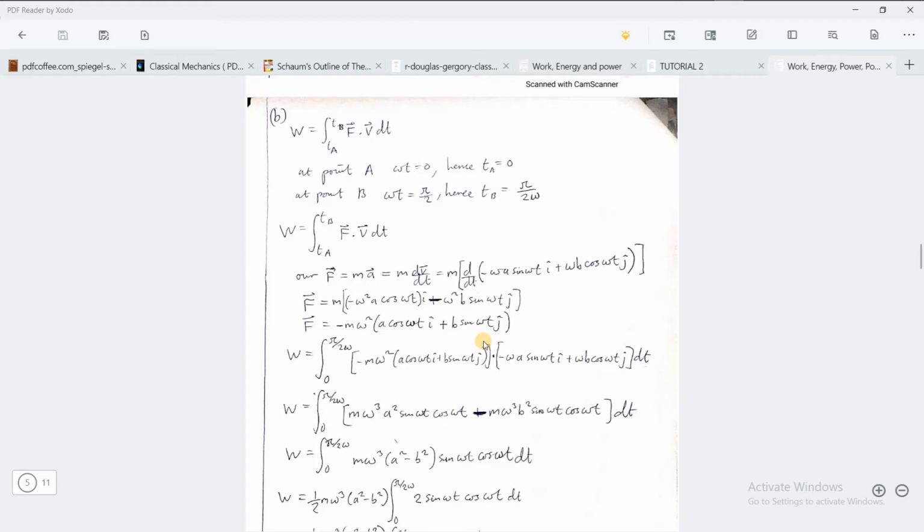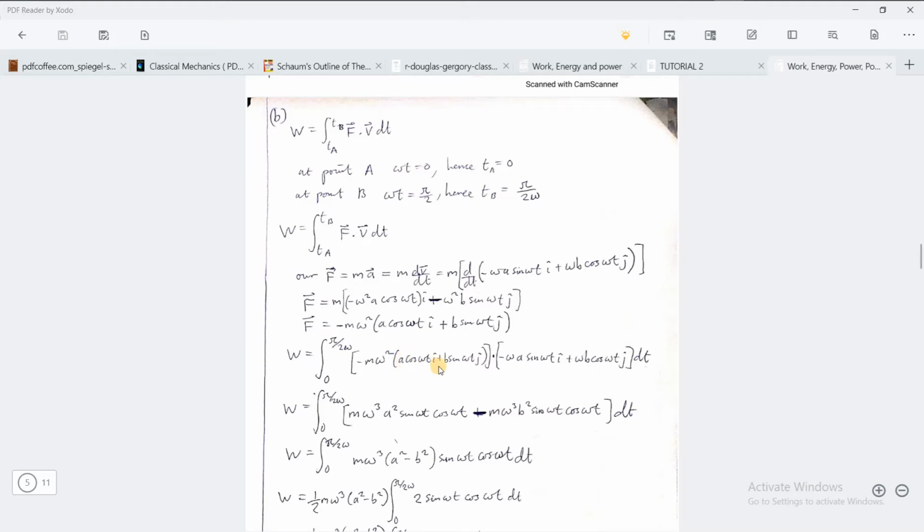Alright, and from here work is equal to, remember the formula, the integral of F dot V dt. The limits of integration are from 0 to pi over 2, since pi over 2 is the time at B. This whole expression is our F, which we just found, dot this expression, which is our V, which we already know.